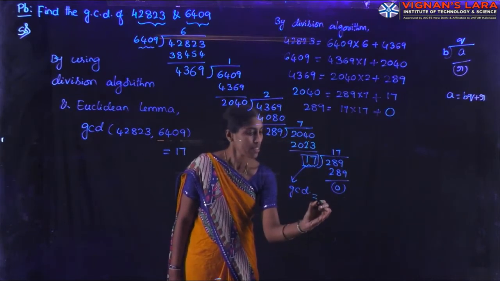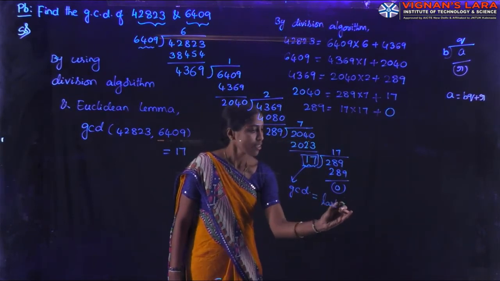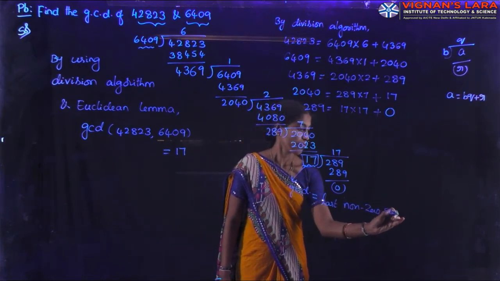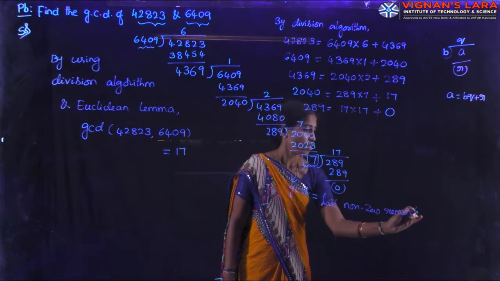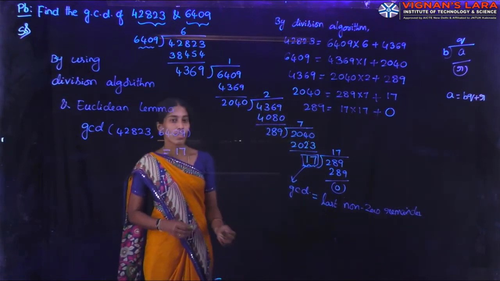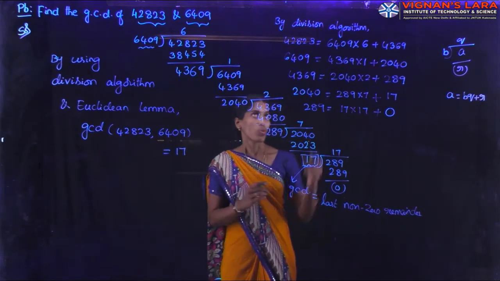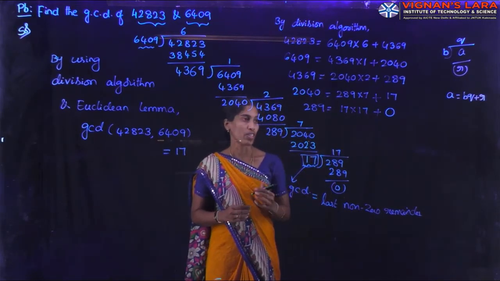Why are we saying this is the GCD? Last non-zero remainder. While doing the division, the last non-zero remainder is nothing but 17. So this is the way of expressing the division algorithm.